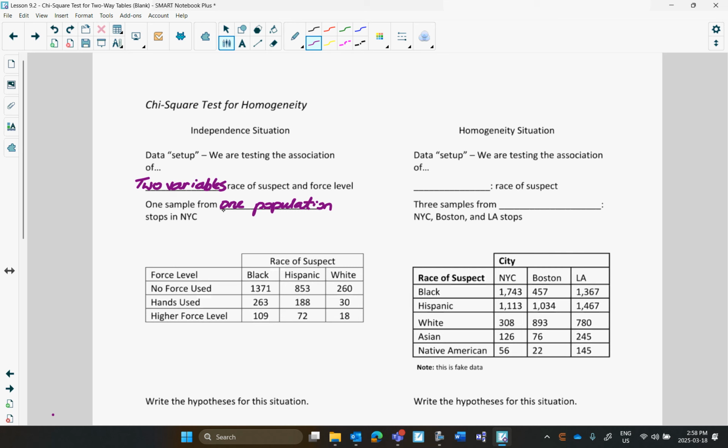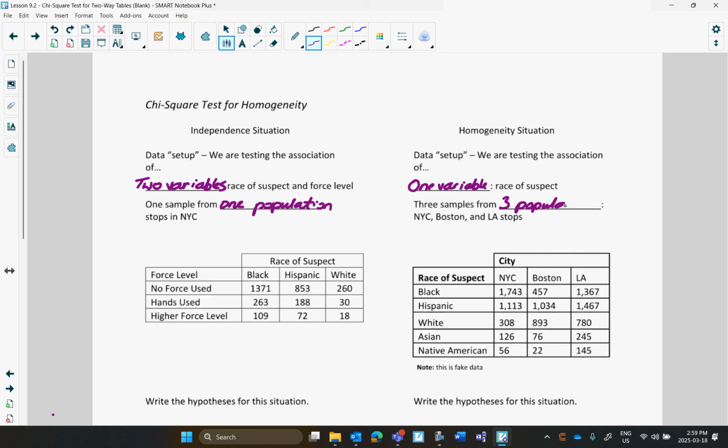Homogeneity is kind of a combination of the independence and the goodness of fit we did. It's one variable like we did in 9.1, but it's for, in this example, three populations.